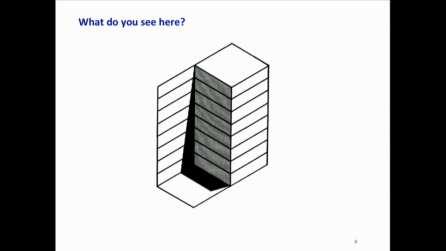So the point is that the exact same drawing, the exact same surface here on the screen can, in one way of looking at the picture, seem white or be interpreted as white, and in the other way of looking at it, be interpreted as black.